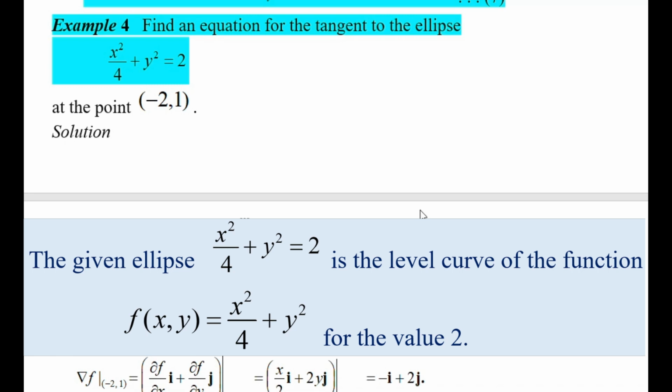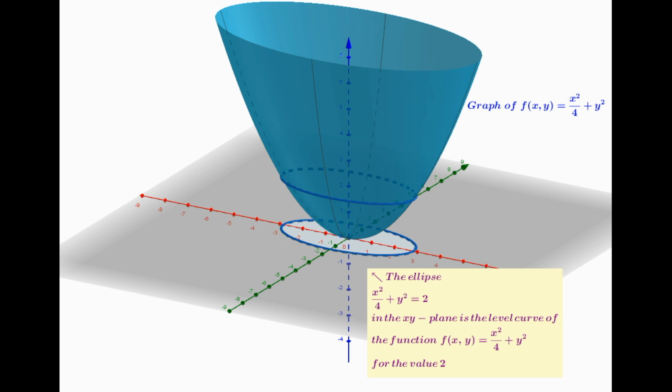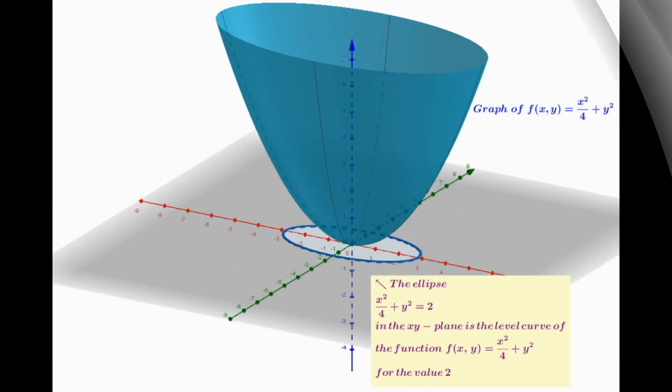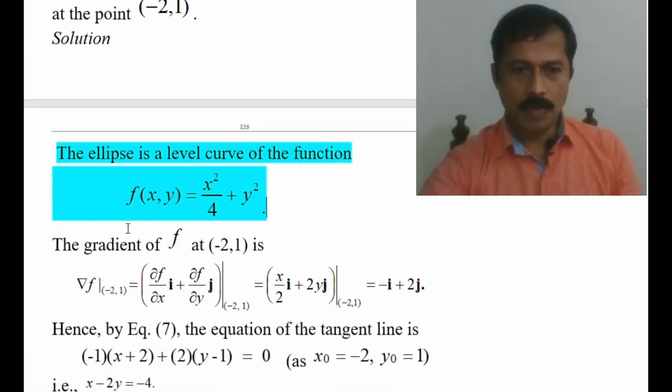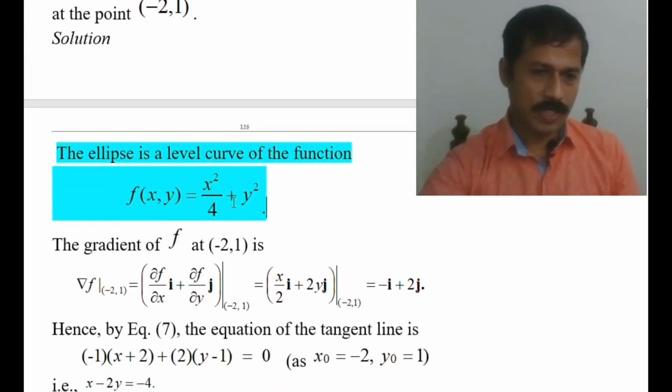Here the pre-assigned number is 2, and we are asked to find the set of all points (x, y) for which f(x, y) is equal to 2, where f(x, y) is equal to x squared by 4 plus y squared.